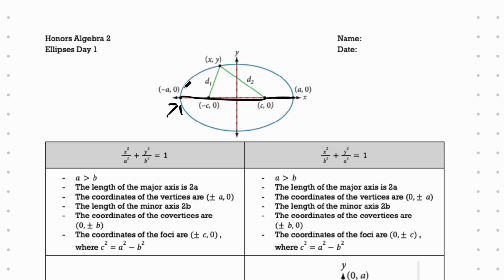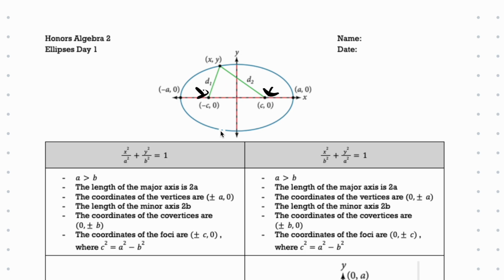So we call these vertices at the end of the major axis vertices, while these ones are considered co-vertices. And we also have two foci, and those are these points right here.